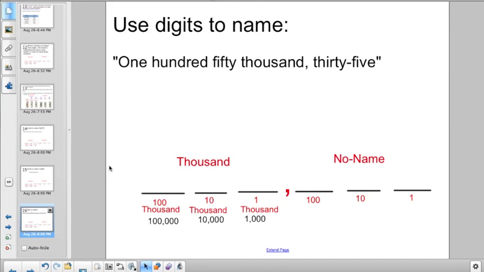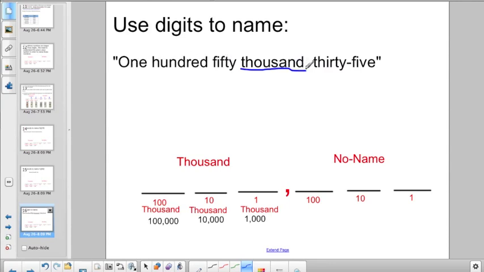So now I'm going to go the opposite way. Here it's saying use digits, and by now we better know digits is just a fancy word for the numbers 0 through 9, right? So I have 150,000. Well, 1,000 is my group name, right? Here's my numbers. 150.